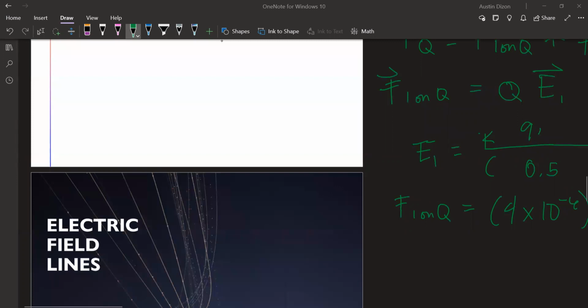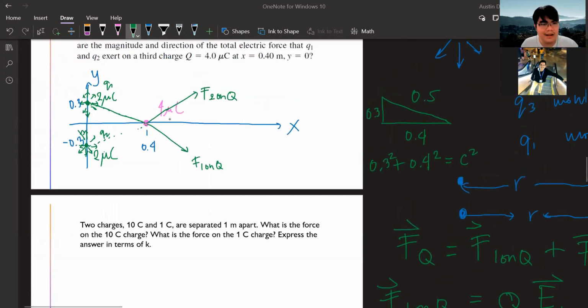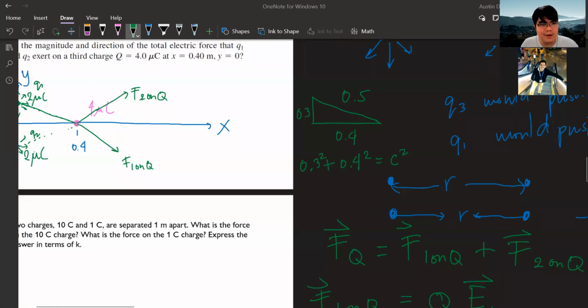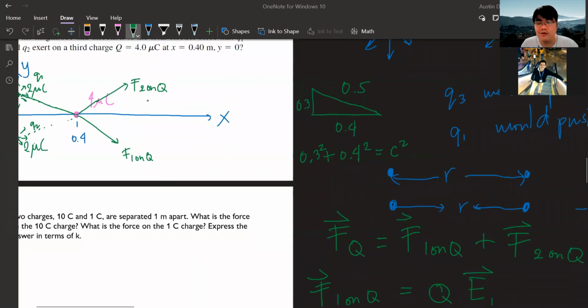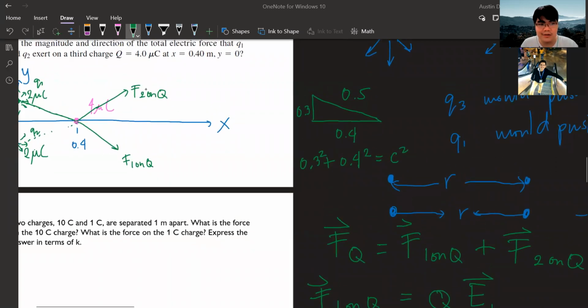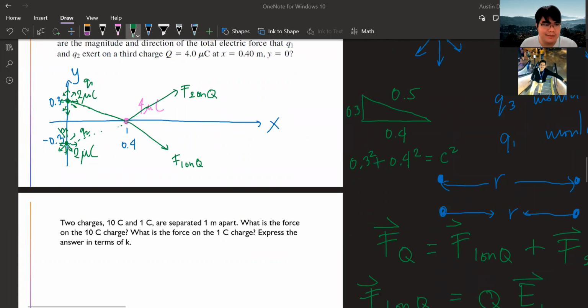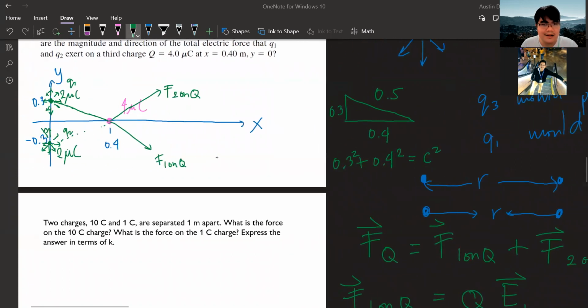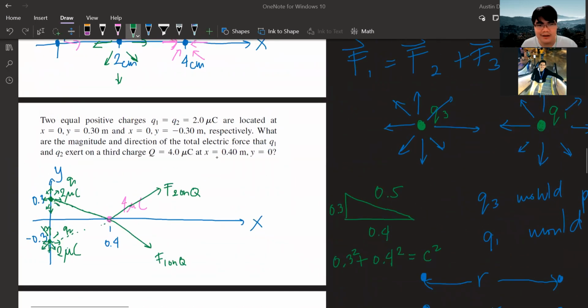In a similar way, kung titingnan nyo, same lang din yung makukuha mong magnitude ng force ng 2 on Q. Tama ba? Kasi same lang yung numbers mo. You have 0.3. May pabaliktad kang triangle, which is actually the same lang din, di ba? Baliktarin mo man yan, ganun pa rin naman yung Pythagorean theorem.